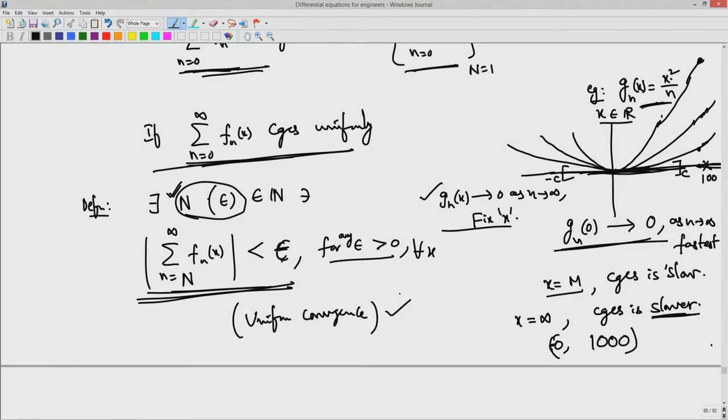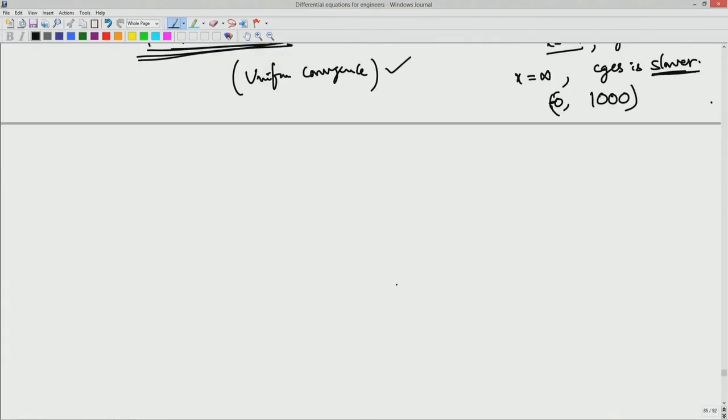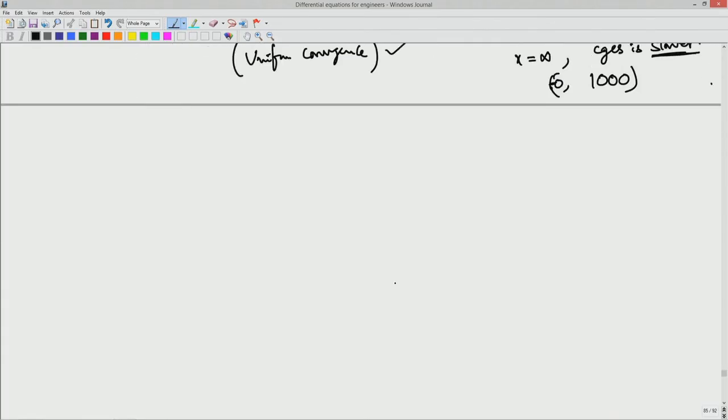Okay. So, when you know that your given power series is uniformly convergent, then the power series, n from 0 to infinity, Cn x power n, I am using a power series around 0, is continuous.